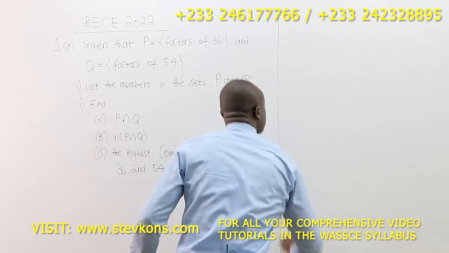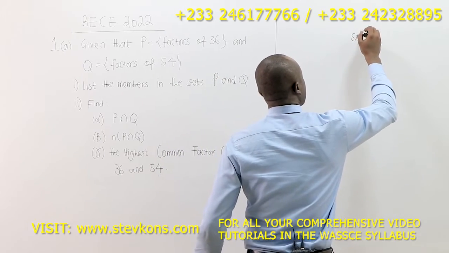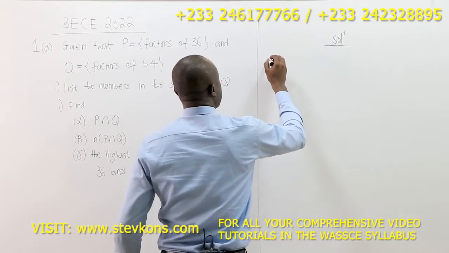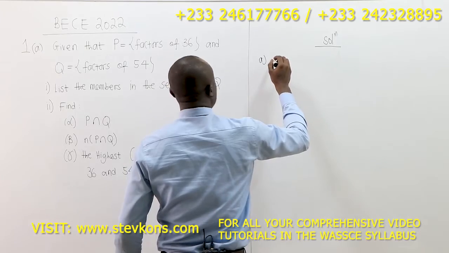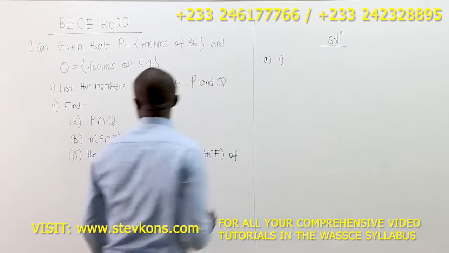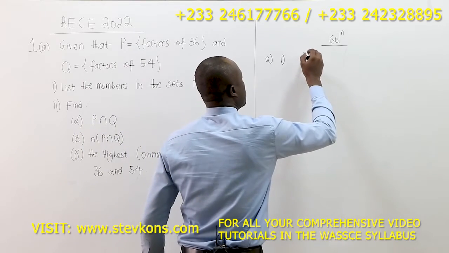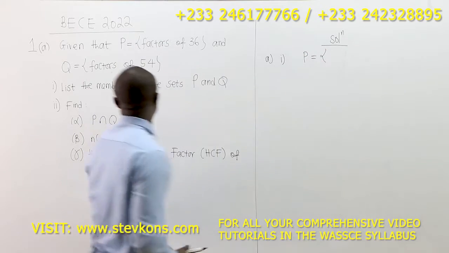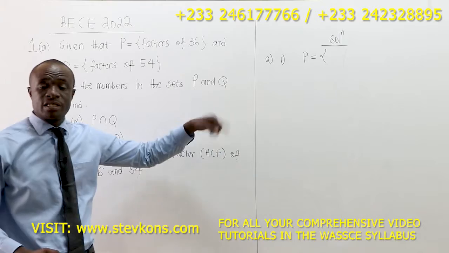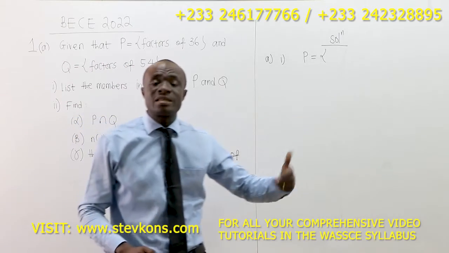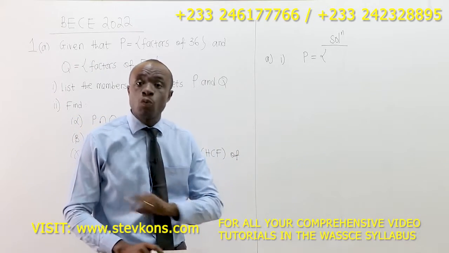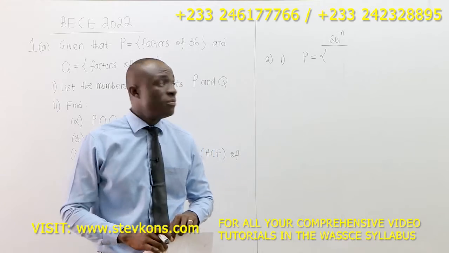So let's solve it. That is A. What is I? List the members in the sets P and Q. Now P, what is P saying? P says factors of 36. Factors of a number are numbers that can go into 36 without any remainder.